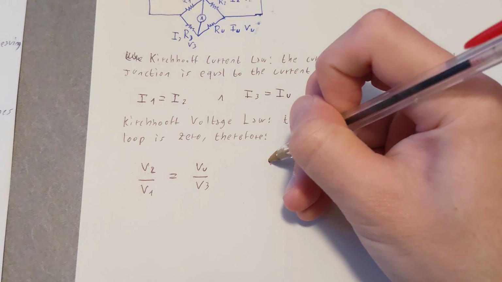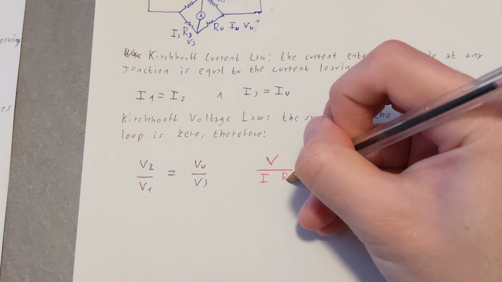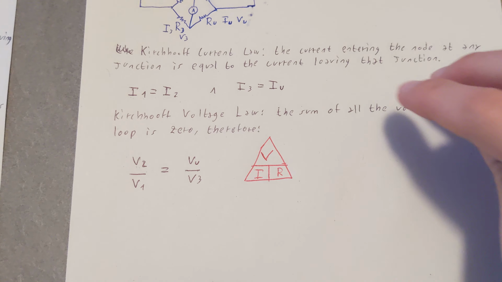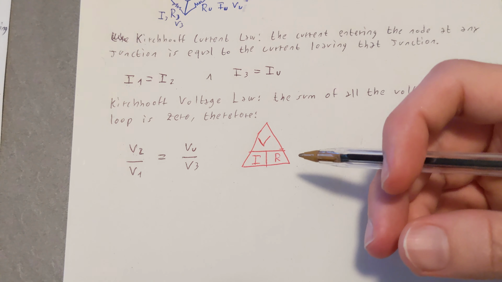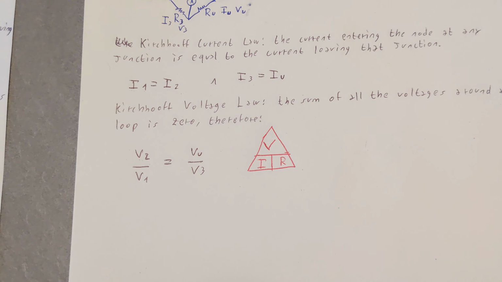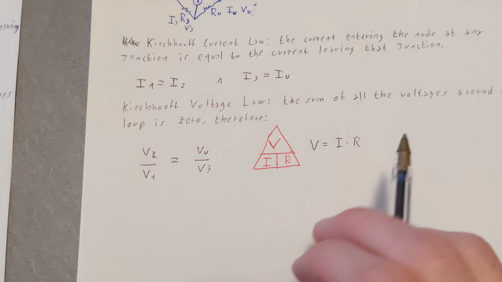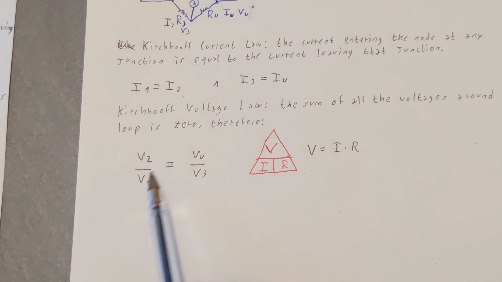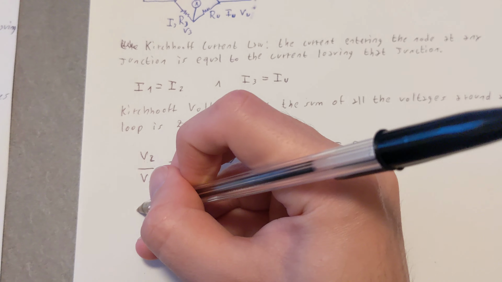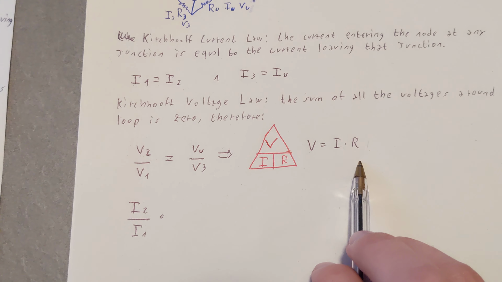If you don't remember Ohm's law, it's fairly easy, because you just have to remember this, and you basically cover, as I said many other times in the lecture, you want to find V, you cover V, and it's given by I times R. So we know that V is equal to I times R. If we substitute I times R in this expression, instead of having V2 over V1, we have I2 over I1 times R2 over R1.